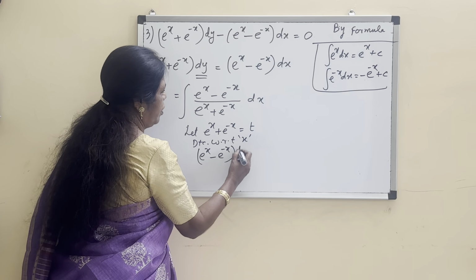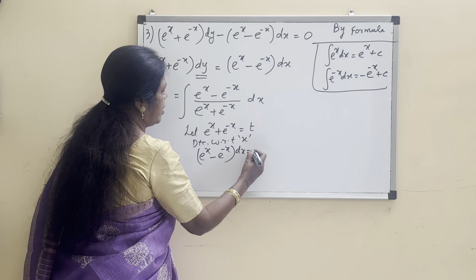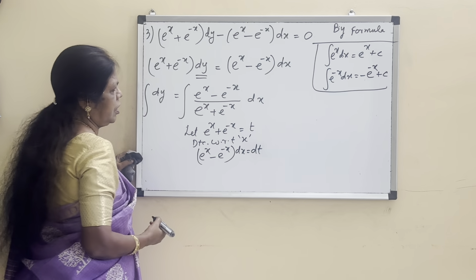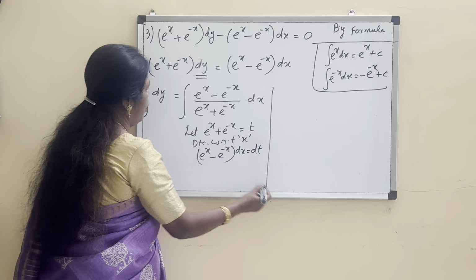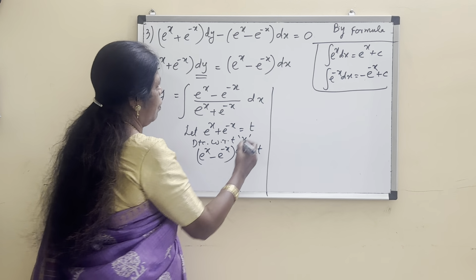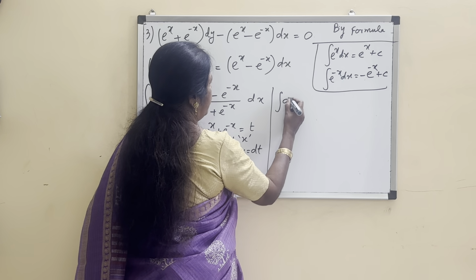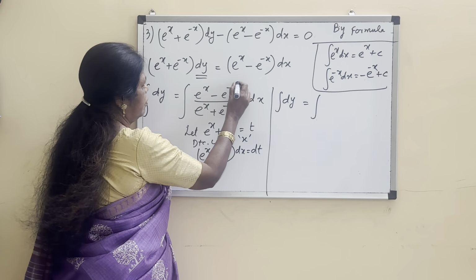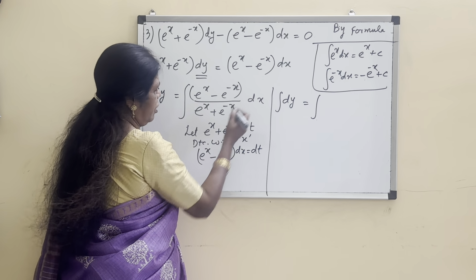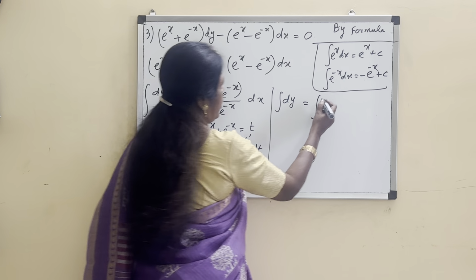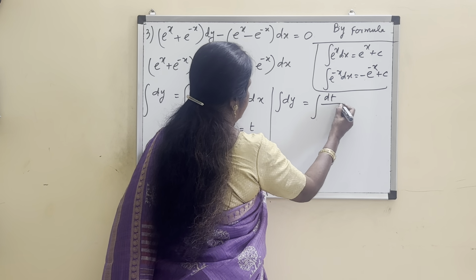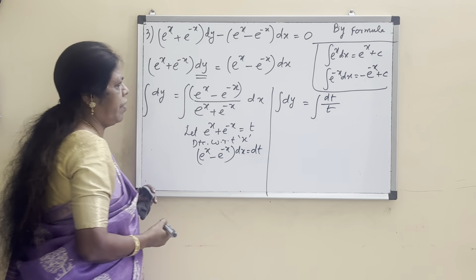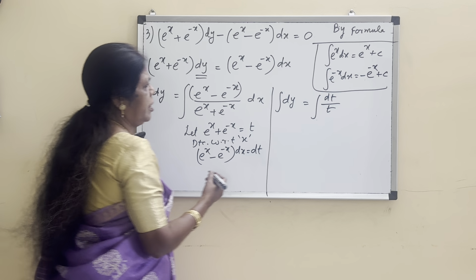Where you have x terms, you can write dx that side, which is equal to dt. Right. Now I am going for the substitution. So I'll write integration of dy equals integration of (e power x minus e power minus x) dx, which equals dt divided by t. So we can integrate it.